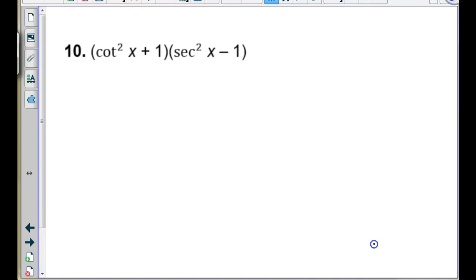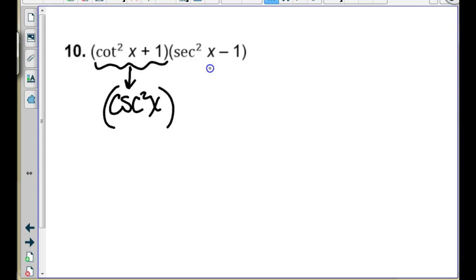Oh, I'm thinking because these have squares, we should do some trading if we can right away. Okay, on your sheet, can you look for a cotangent plus 1? Is that anything or not? Okay, it says on your sheet 1 plus cotangent squared, which is the same thing except the order is different, and we can add in any order, is a cosecant squared.